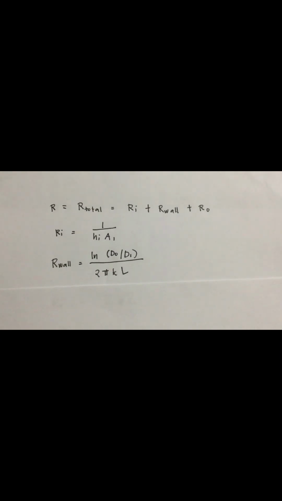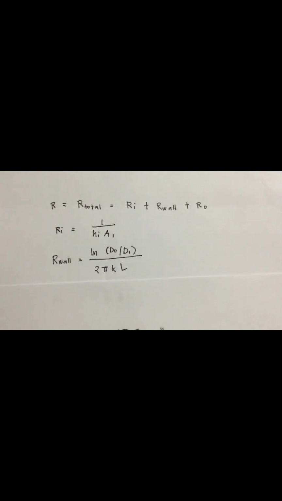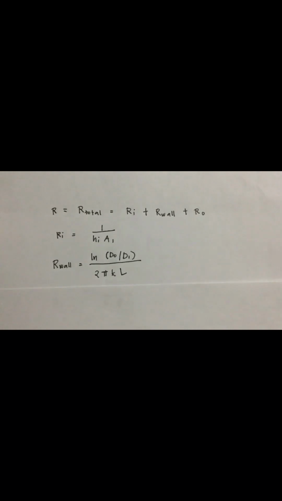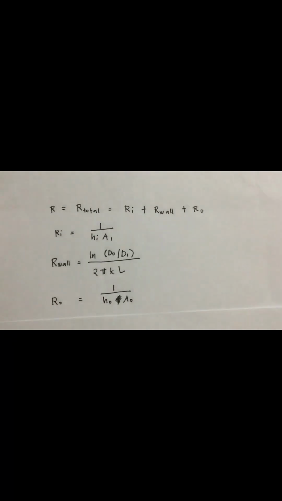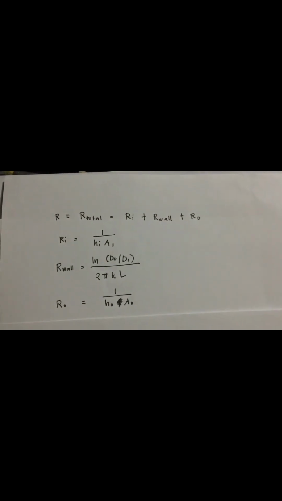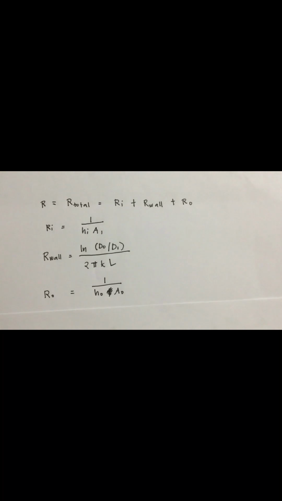For the wall resistance, we have given the Ln, outer diameter over inner diameter, over 2 pi thermal conductivity and length. For the outer resistance, we have given an equation 1 over the outer heat transfer coefficient and the outer area.